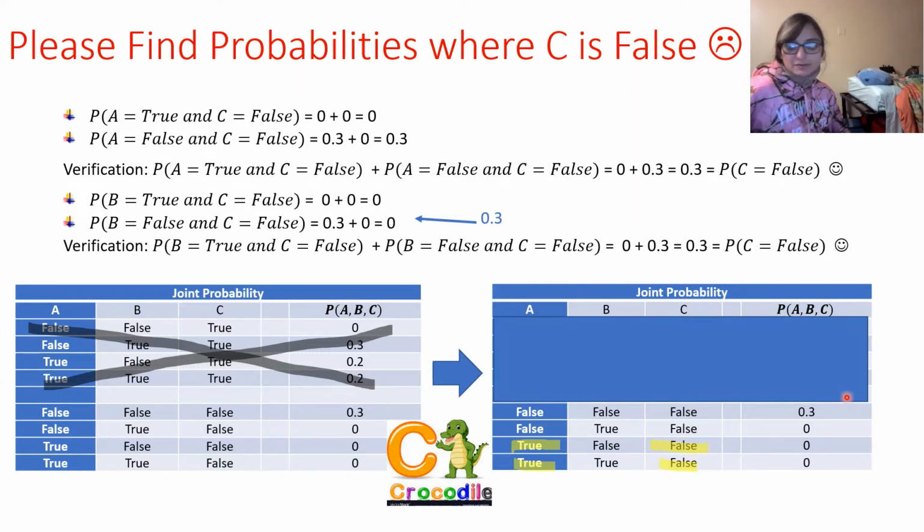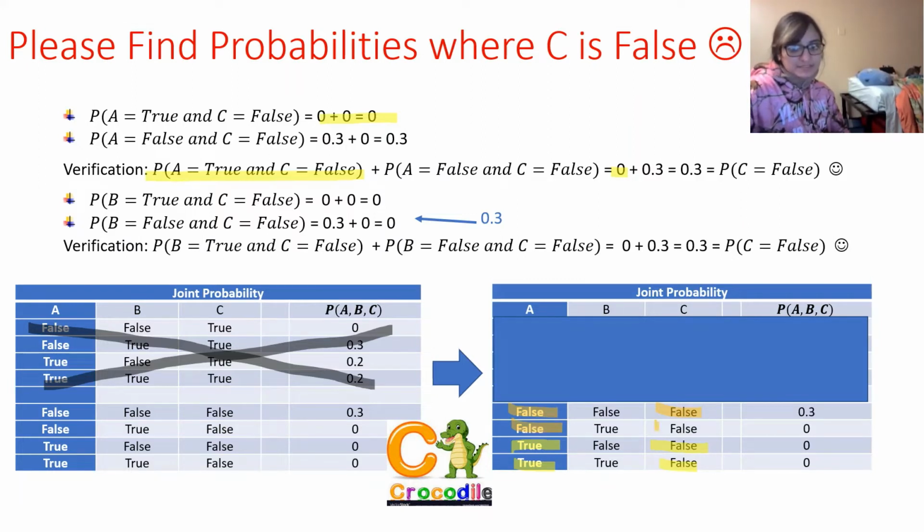So ultimately what we will see here is that we have the 0 plus the 0 here, which is just 0. And similarly, if we're focused on A false and C false, then we just focus on the top part, which is A false, C false.